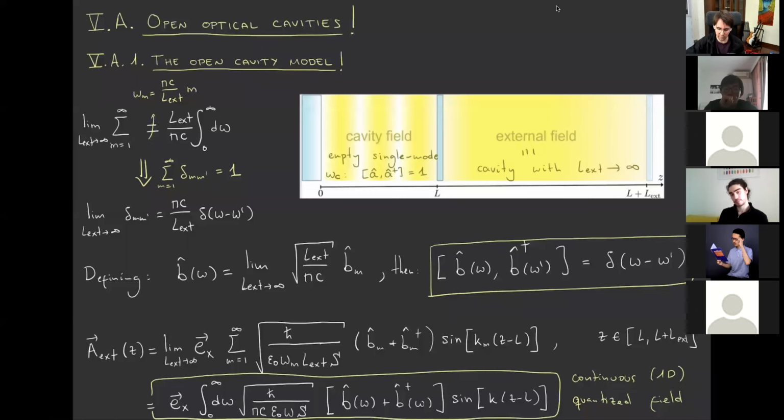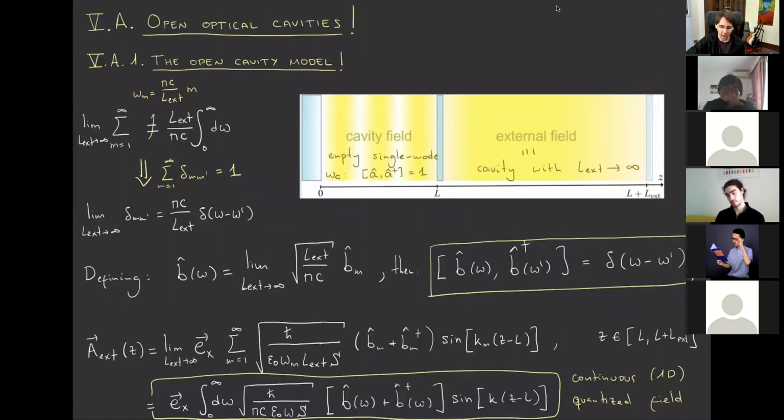It will be even more clear later, especially because here, the operators that I have written do not depend on time. I have just used a Schrodinger picture notation in which operators do not depend on time. So you see that this omega has nothing to do with the time evolution of the system. This is just a label, okay?